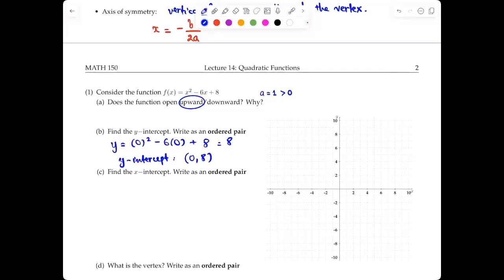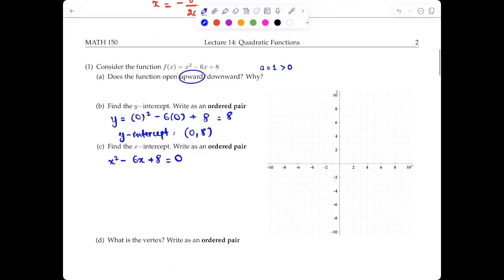Now, next, you know how to find the x-intercepts. Yes, right. For the x-intercept, that means y equals 0. So the output is equal to 0, or x squared minus 6x plus 8 equals 0. You can factor this equation, right?